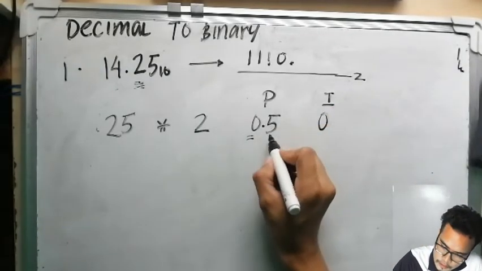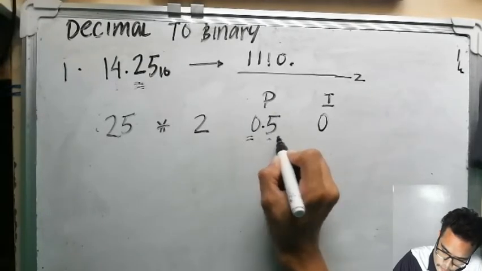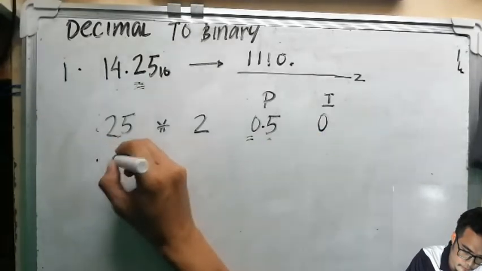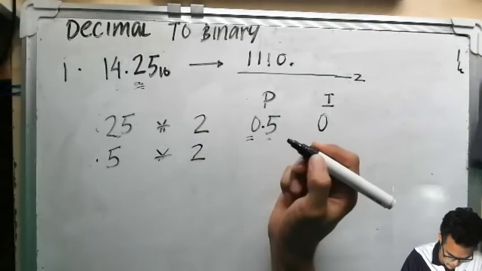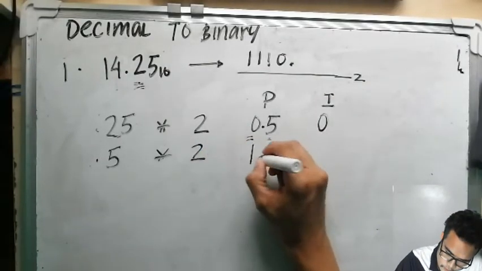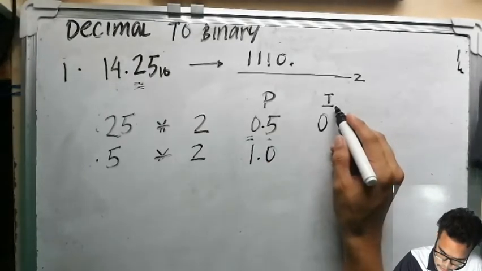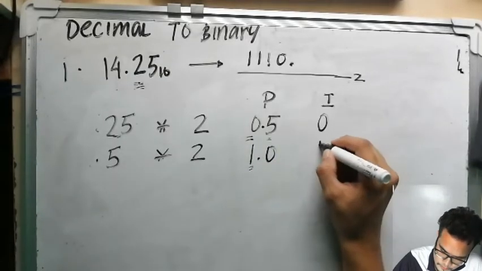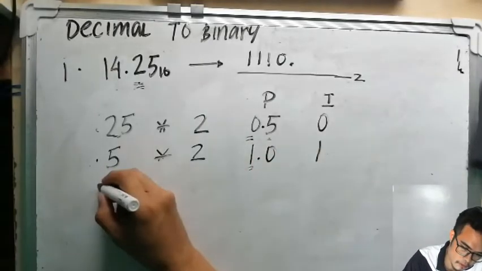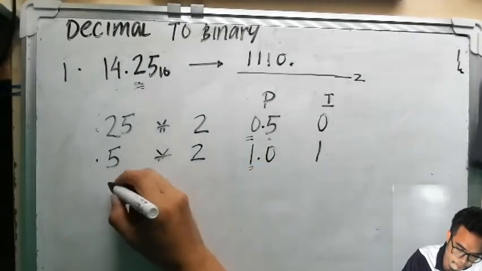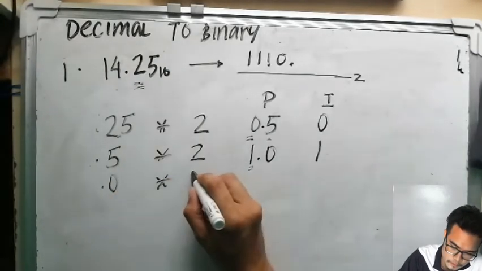Next, get the fractional part, 0.5, then multiply it by 2. So 0.5 times 2 is equal to 1.0. The integral part is 1. Since the fractional part is 0, stop the iteration, because any number multiplied by 0 is equal to 0.